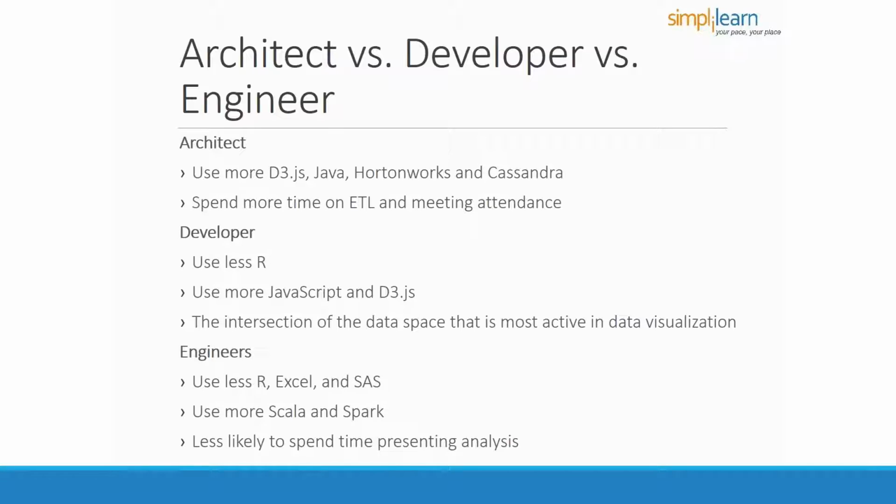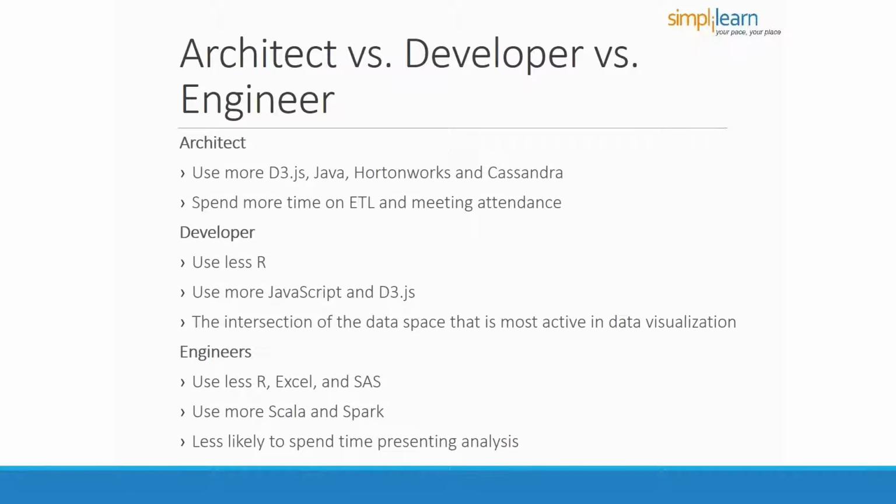Survey respondents with the title architect reported using more D3, Java, Hortonworks, and Cassandra. And they reported spending more time on ETL and meeting attendance compared to developers and engineers. The developers reported using R programming language less and using JavaScript and D3 more.